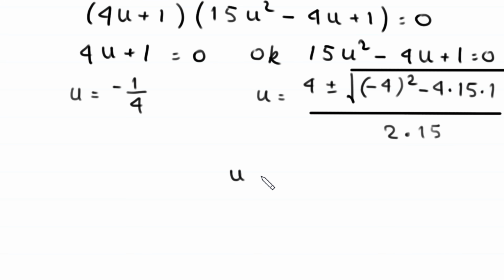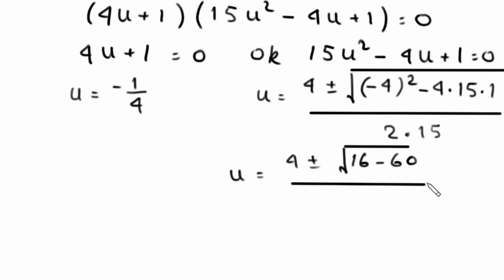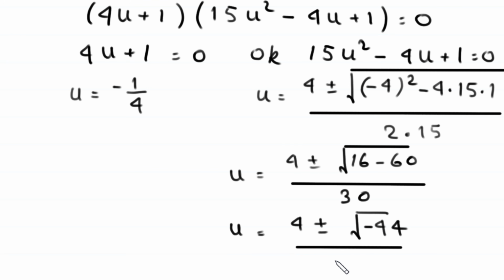Further simplify, u will be equal to 4 plus minus the square root of negative 4 squared is 16, and negative 4 times 15 is negative 60, divided by 2 times 15 is 30. So u will be equal to 4 plus minus the square root of 16 minus 60, which will become negative 44, divided by 30.